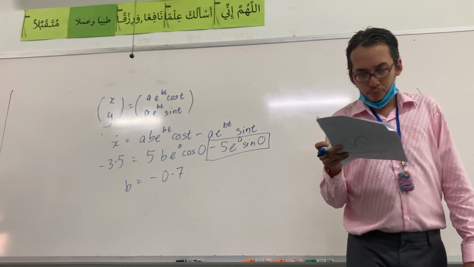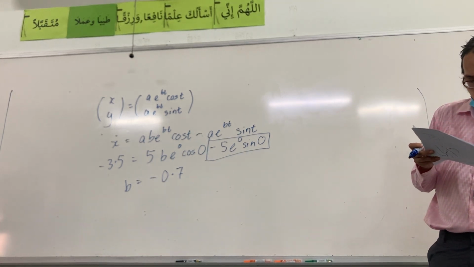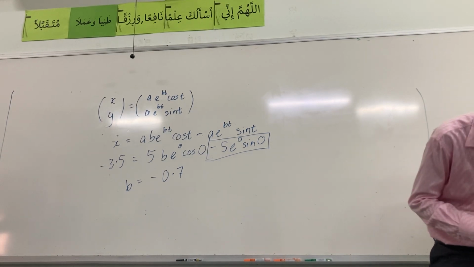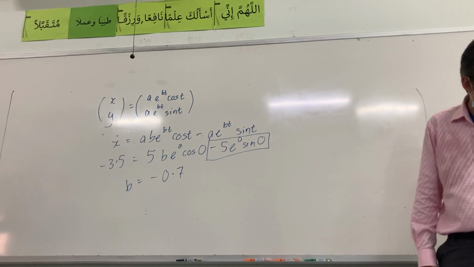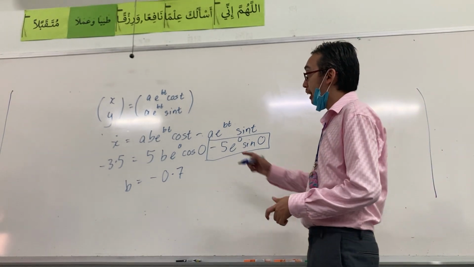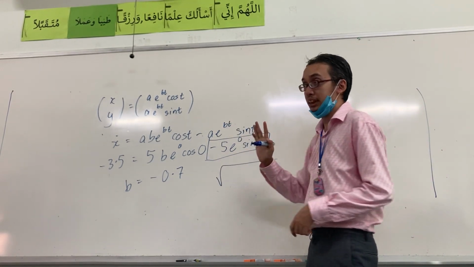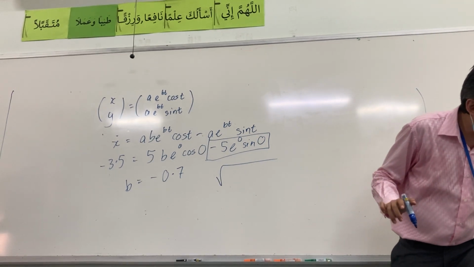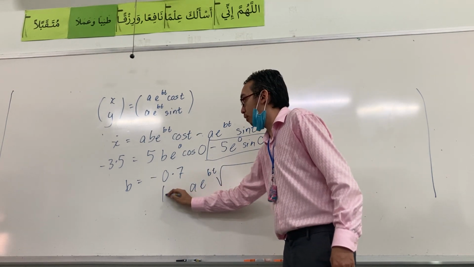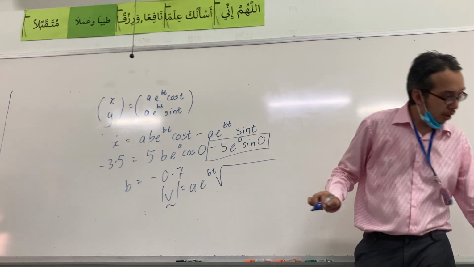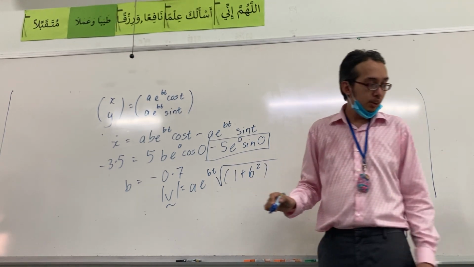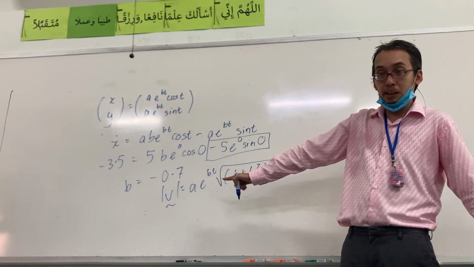Alright, then let's proceed. Next one, find the magnitude of the velocity of the ice skater when t equals to 2. Now for this one, because we already know the velocity can be simplified in this form, the magnitude of the velocity is A e to the BT times square root of 1 plus B square. We want this value at time t equals to 2.